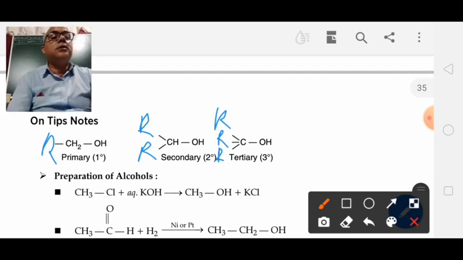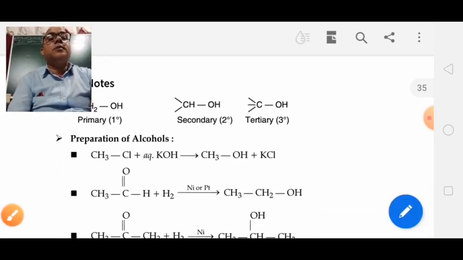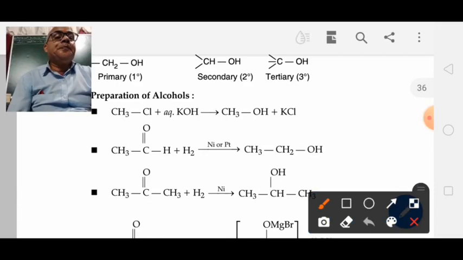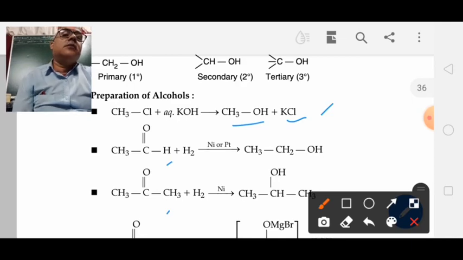Now we will see the preparation of alcohol. Alcohol can be prepared by a simple displacement reaction: CH3Cl with KOH gives CH3OH and KCl. Okay, that is the simple displacement reaction. By reduction of ketone and aldehyde we can get alcohol.